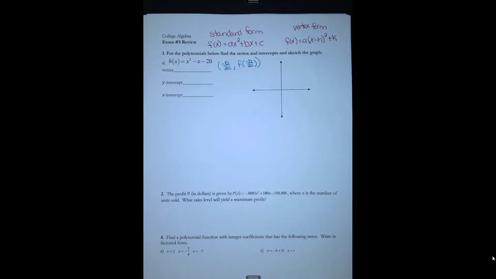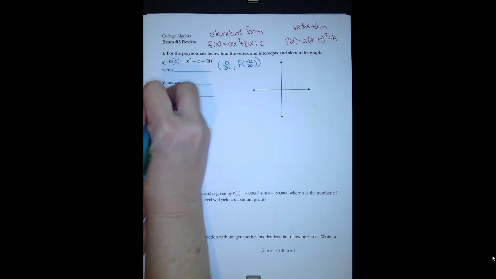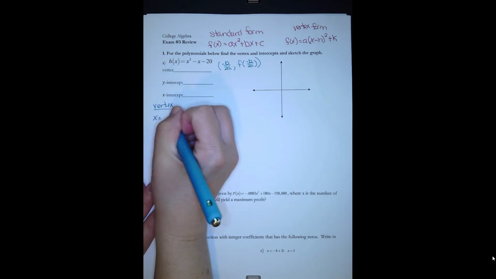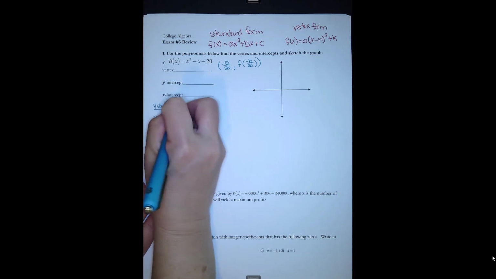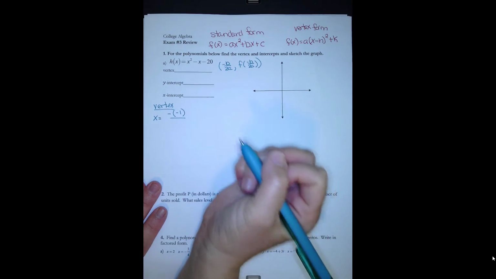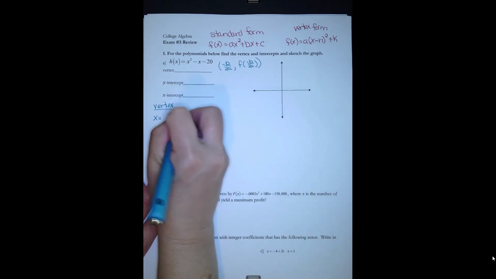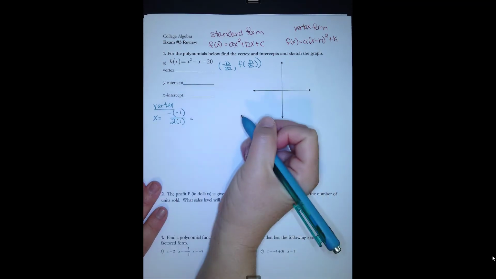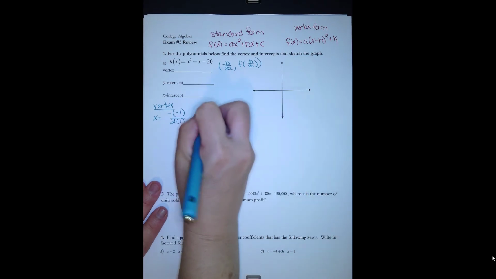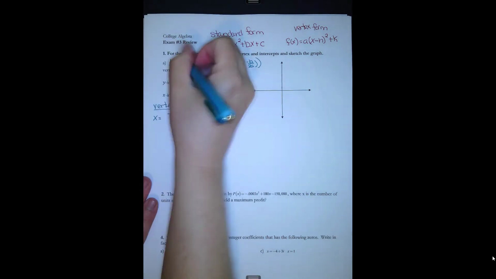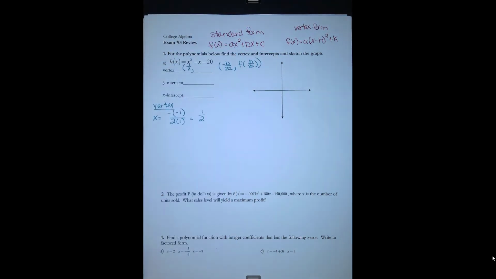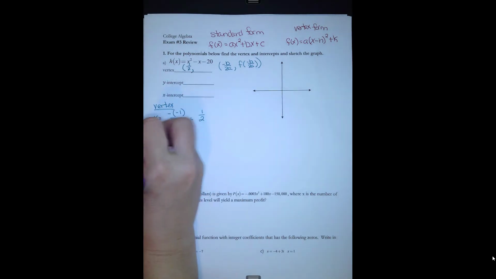So x equals the opposite of negative 1 over 2 times 1. That happens to be 1 over 2, which is 1/2. So that would be 1/2 comma something, and then we're going to find f of 1/2.